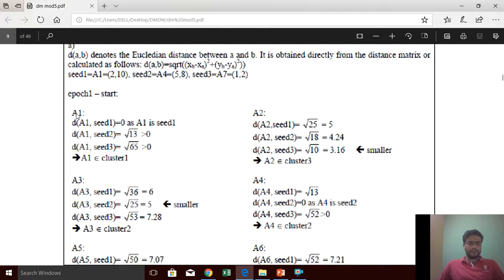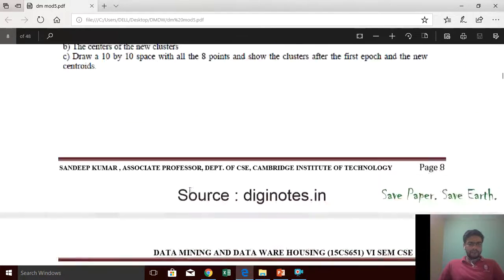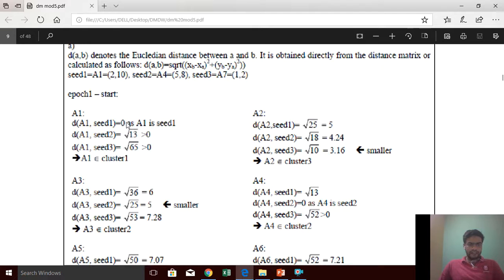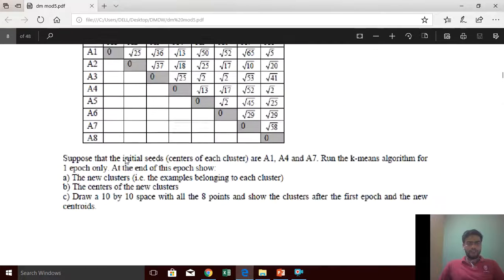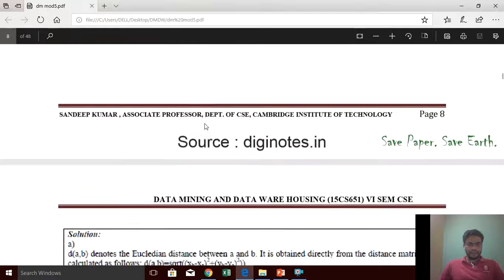First I will take A1. A1 to seed 1: A1 to A1 is 0, because A1 is seed 1 itself. Then A1 to seed 2, which is A4: A1 to A4 is root of 13.